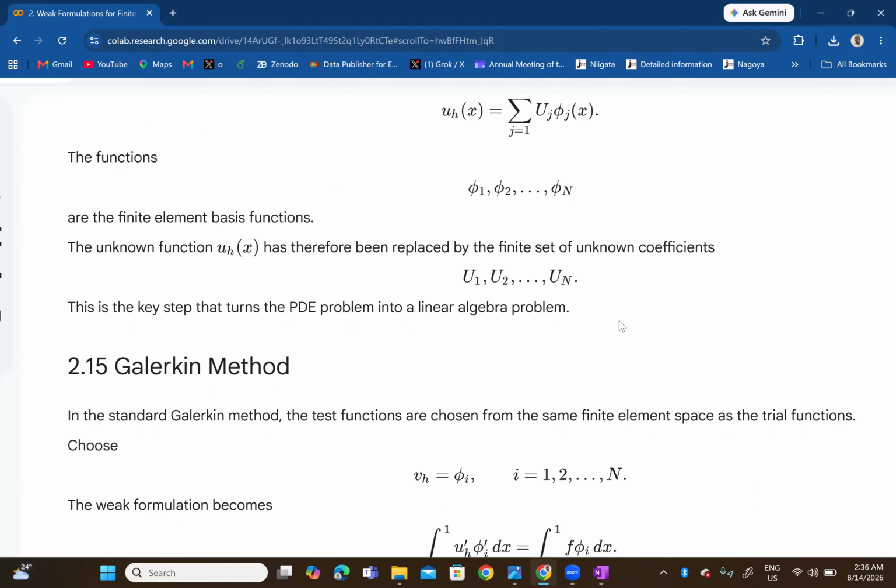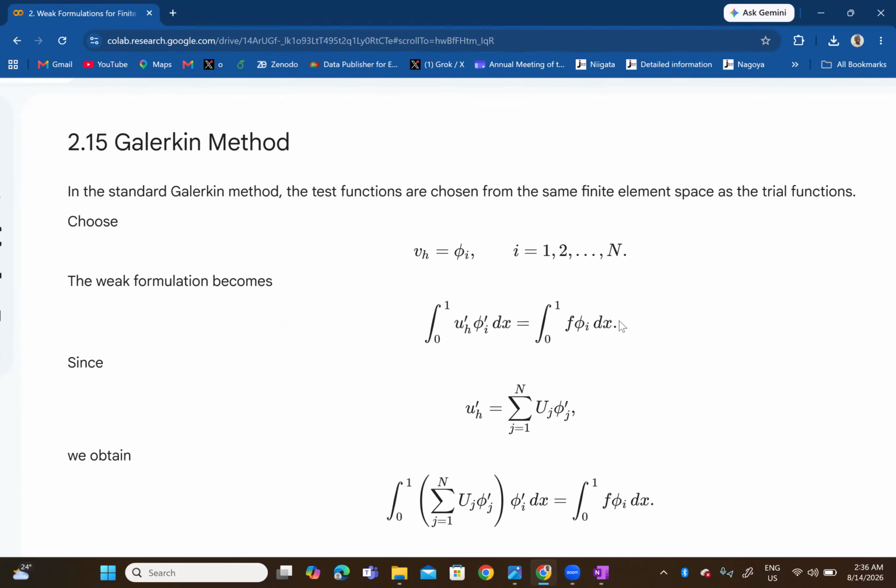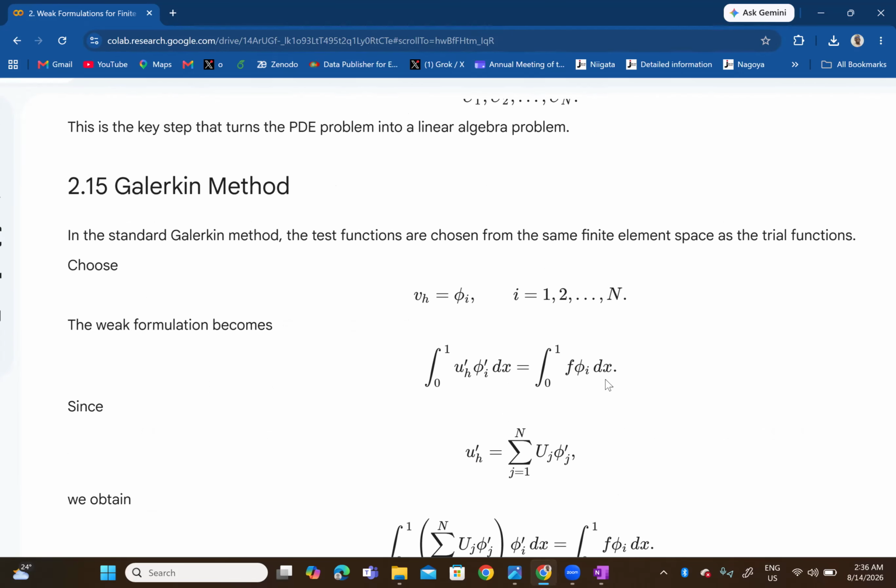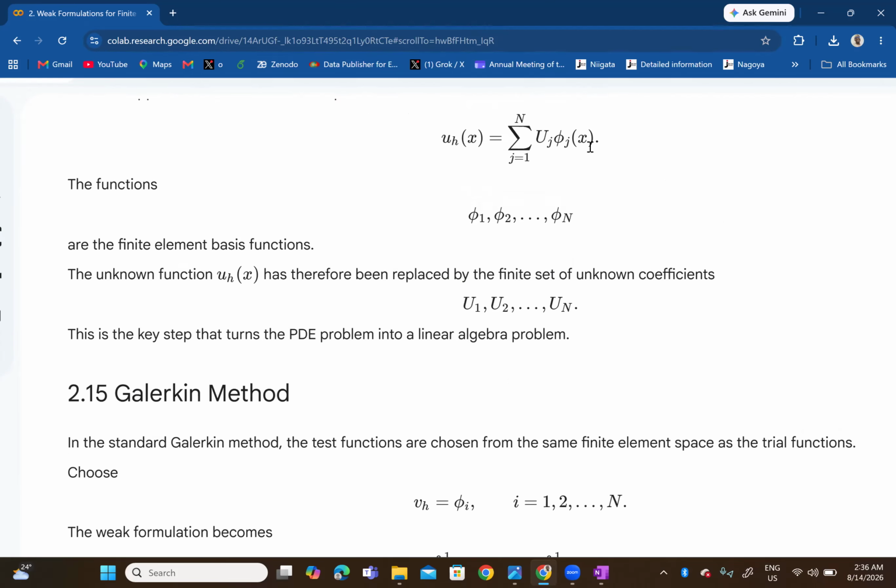Relating that to where we are coming from, u_h prime of x will have to mean the derivative of phi_j of x.